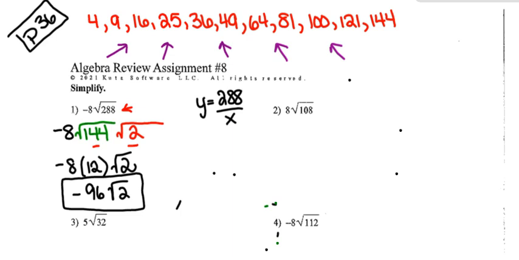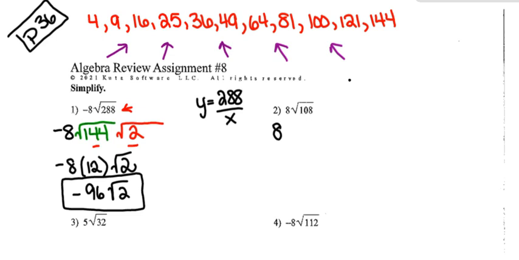And if I were to type -96 root 2 into my calculator and type -8 root 288 into my calculator, I should get the same decimal approximation for each. All right, moving onwards to number 2, I'm going to approach this exactly the same way. The 8 is going to cruise on down to the next line.